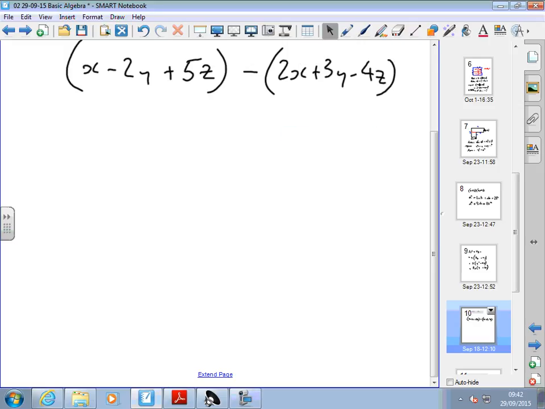So let's expand out these brackets. Well, the first one, that's as though it's just a 1 outside the bracket. So that's x minus 2y plus 5z. I don't really need the bracket in that case. But here, this has got to be minus 2x minus 3y plus 4z.